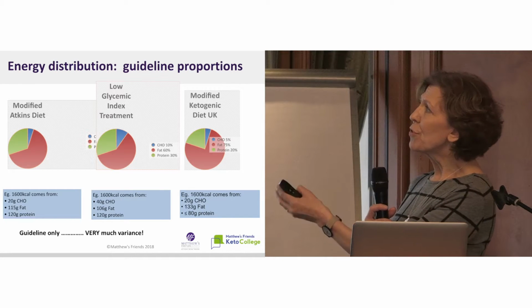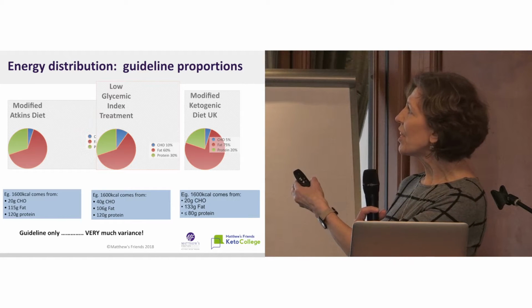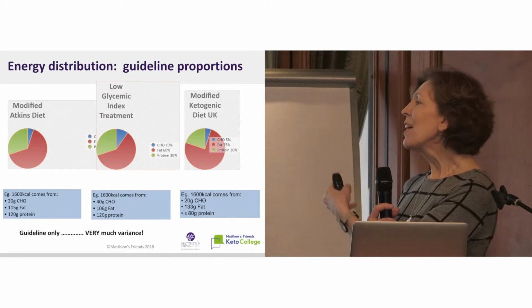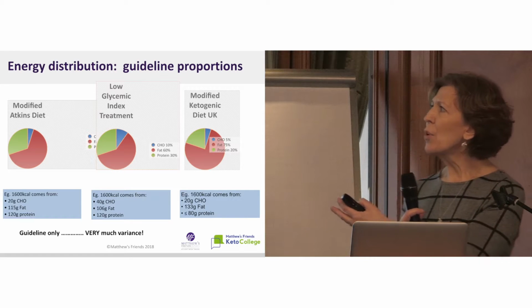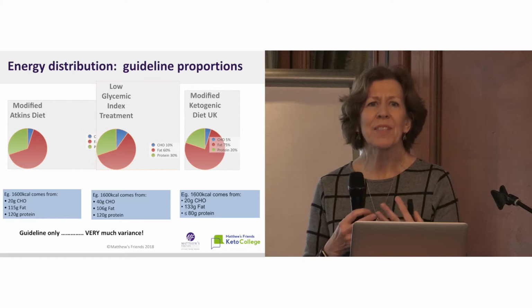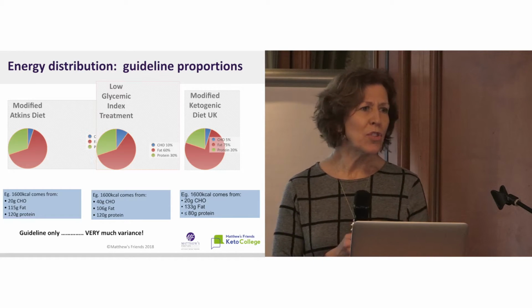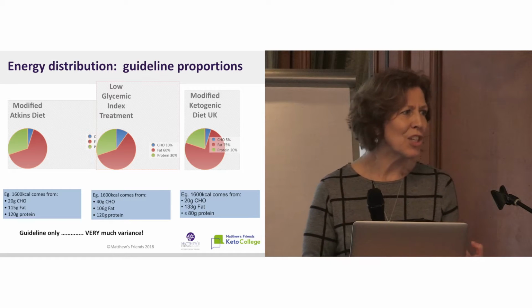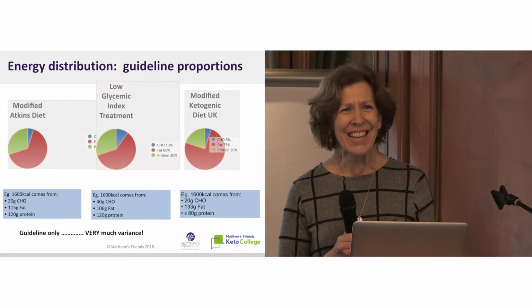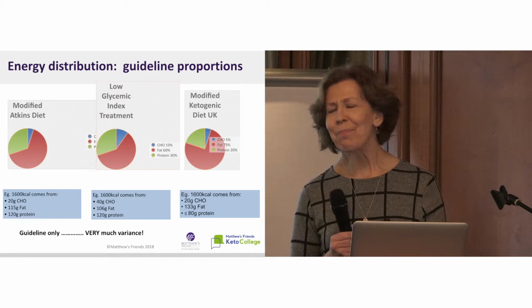There's not a lot of difference really in the carbohydrate content between the modified Atkins and the modified ketogenic diet. Within the modified Atkins and the low glycemic index treatment, there is talk about 30% of the calories coming from protein. Well, I think for most children, they can't physically consume 30% of their calories as protein. I think it has to come from other things.